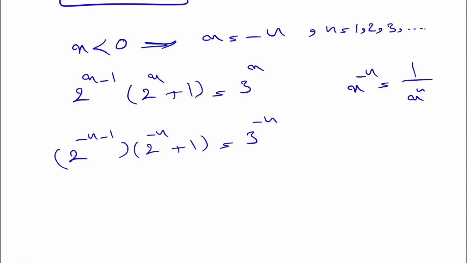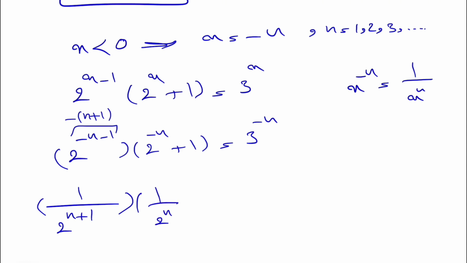We'll do the same thing in here, so we'll have 1 over 2 to the n plus 1, since if we factor the negative sign, when it goes to the denominator it will be positive. And here we will have 1 over 2 to the n minus 1, and 1 over 3 to the n.